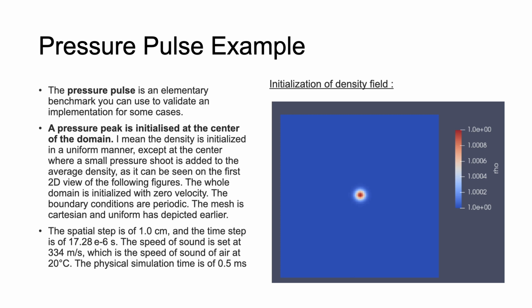You take a domain which is initialized uniformly, except at the center where you have a small pressure shot added to the average density, and you can see basically the particles that go from the middle and which are spreading around with a certain speed.